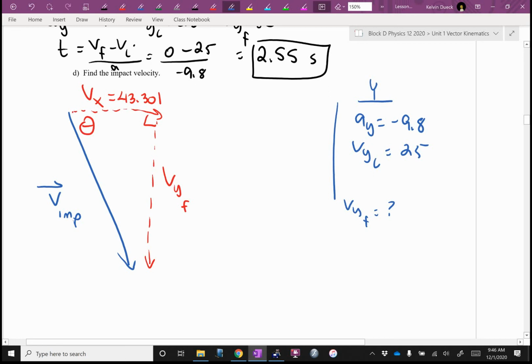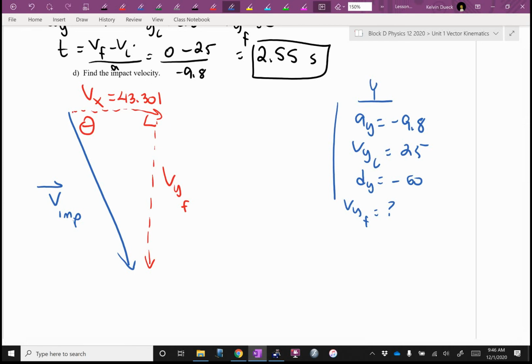Do I know anything else that I can put in that column? I could put, don't write this down, dy equals negative 60, was it? Which equation would I use here then? Vf squared equals Vi squared plus 2AD, and then take the square root when I'm done.